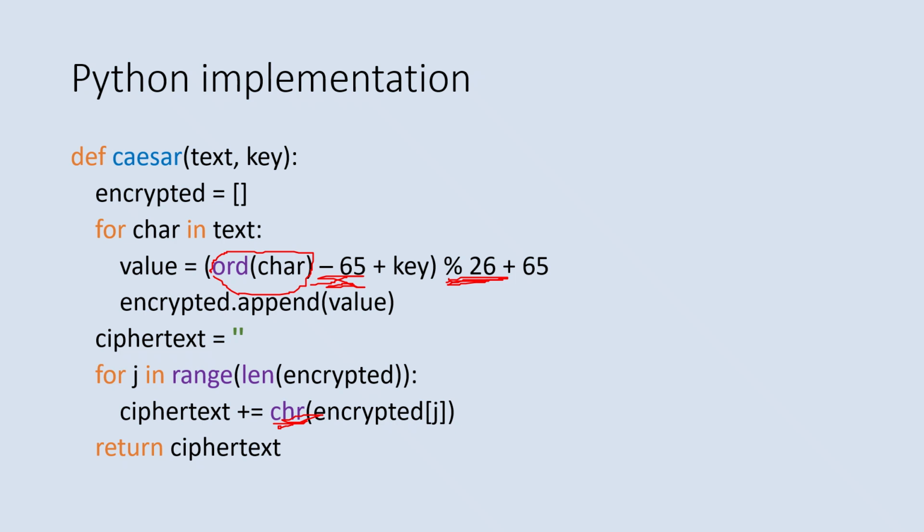Okay, so pause the video and try this out. Encode some things, decode, well, can't decode yet. We haven't talked about what to do with decoding, but you think about what you could do to decode. So encode, you put in the plain text and the key, and then you will get back the ciphertext. To decode, what would you do? Put in the ciphertext as the text, and what would you use for the key?